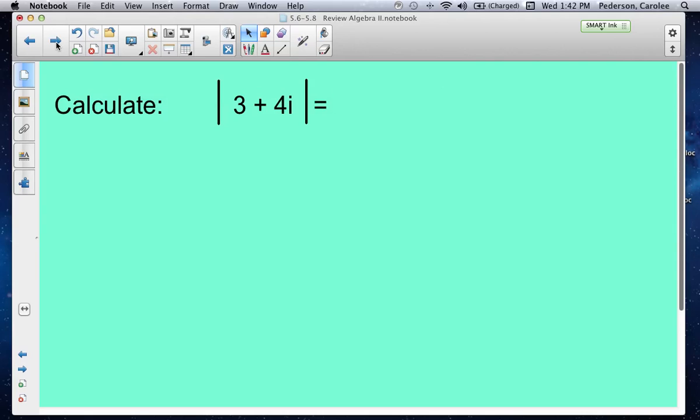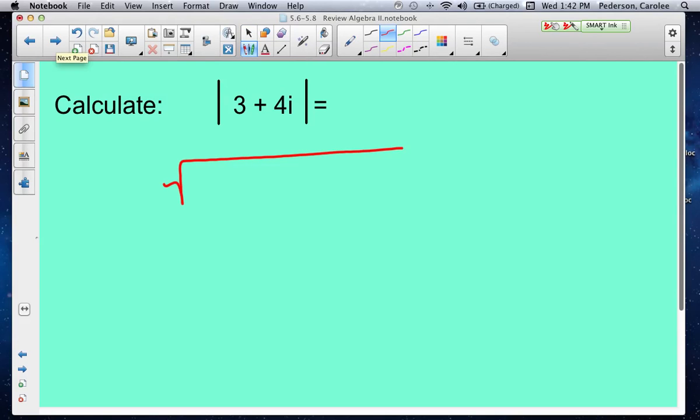Okay, let's say we give you a problem like this. We want you to find the absolute value of a complex number. Look and tell me what we did there. Square root them, yep. So we have a square root. And then what? Square each number. So 3 squared plus 4 squared. What if there was a negative here? Do we care?